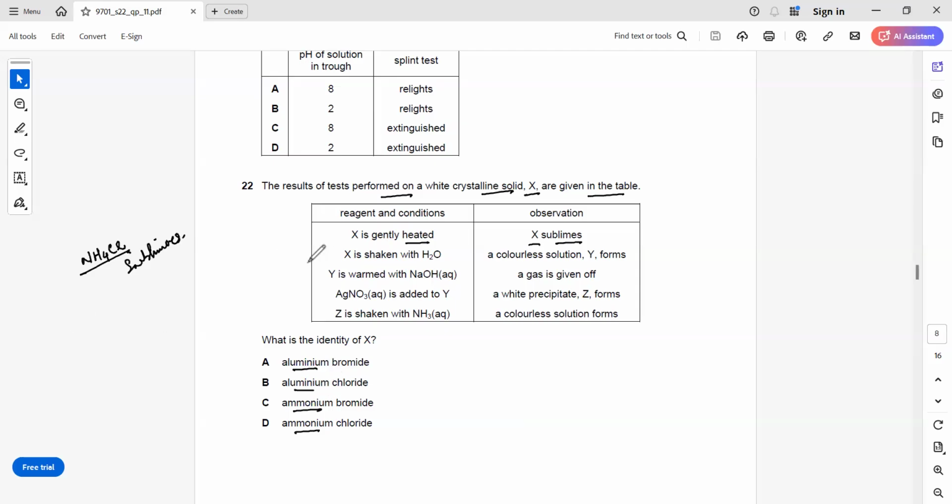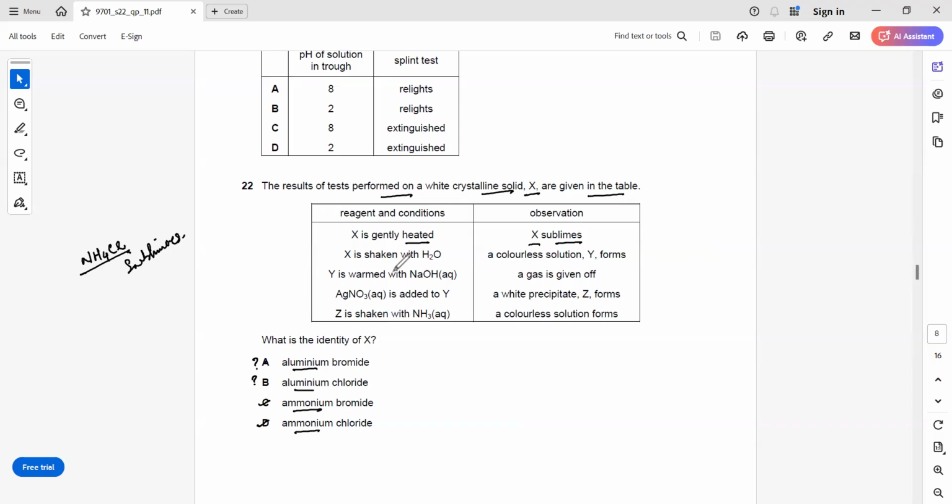As we discussed about the structure of aluminium chloride, it's a simple molecular structure and it exists as a dimer, isn't it? Al2Cl6. So this couldn't be A or B. So it could be C or D.